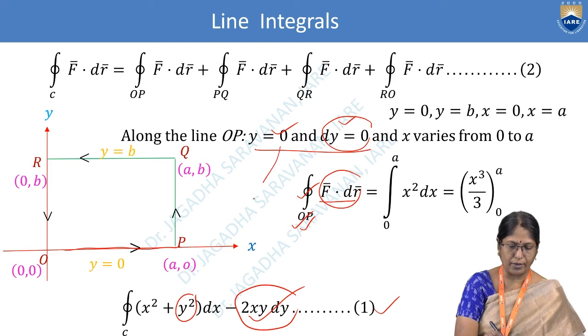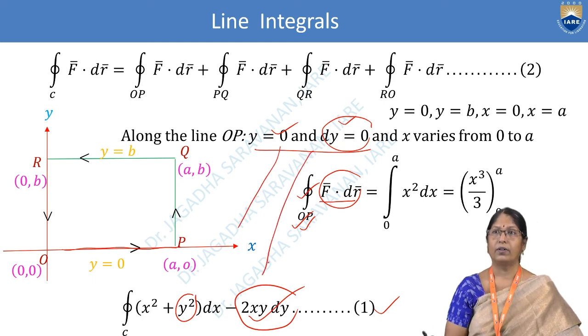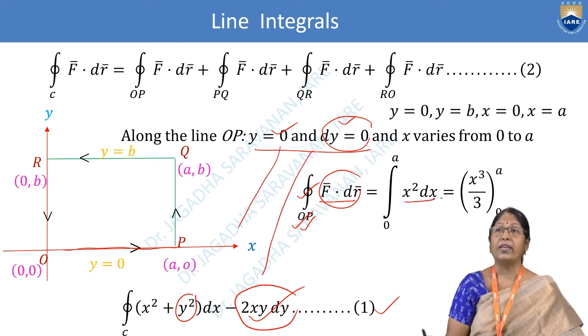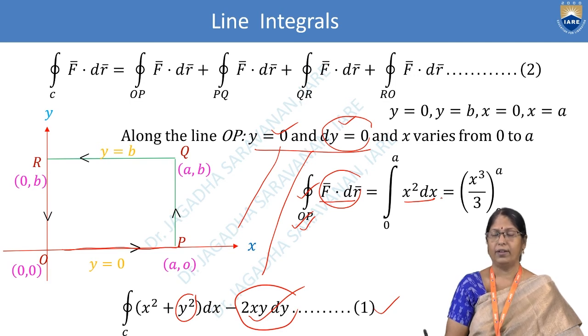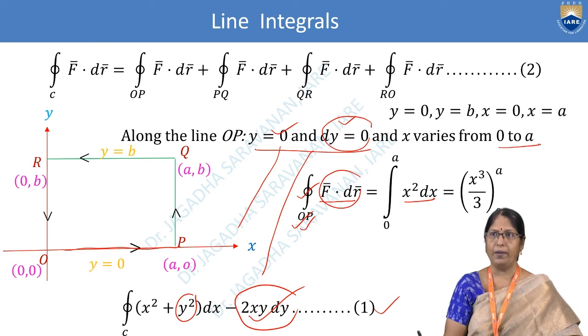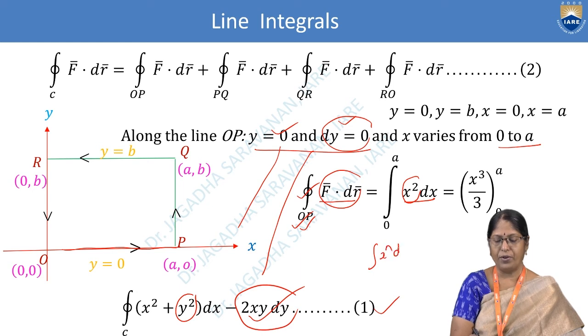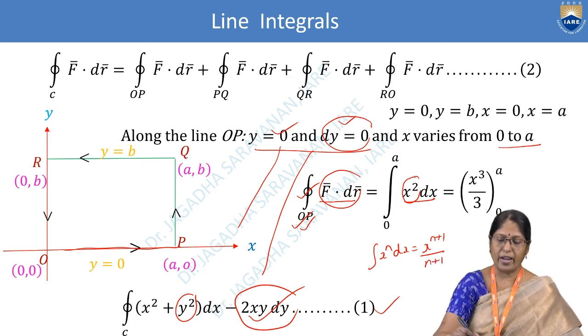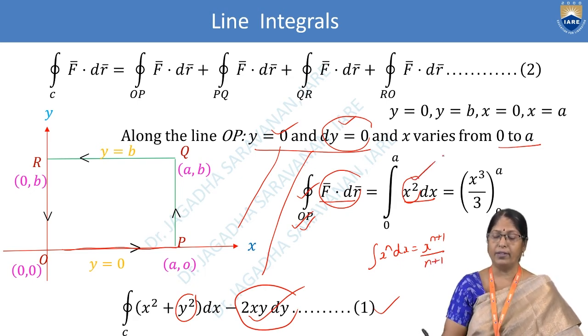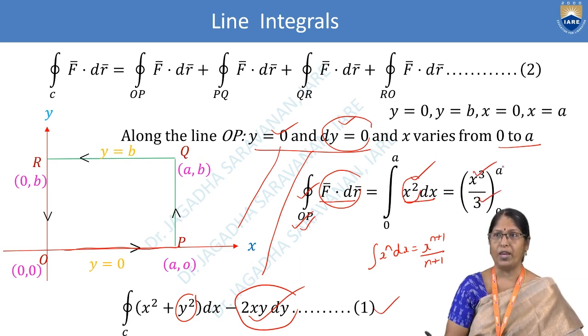We substituted these values and finally got x square dx, with the integral from 0 to a. The integral of x power n dx is x power n plus 1 by n plus 1. So the integral of x square is x cube by 3, from 0 to a.